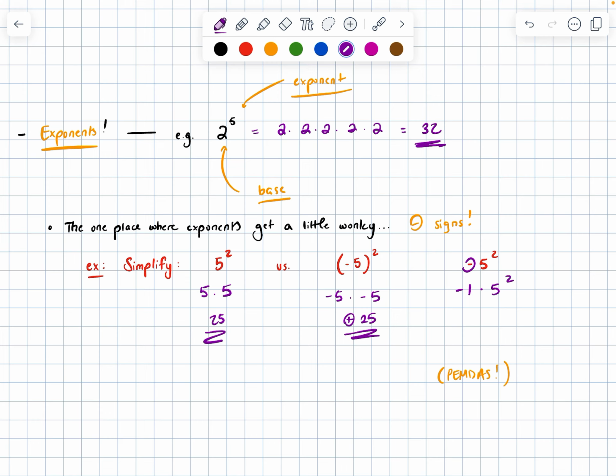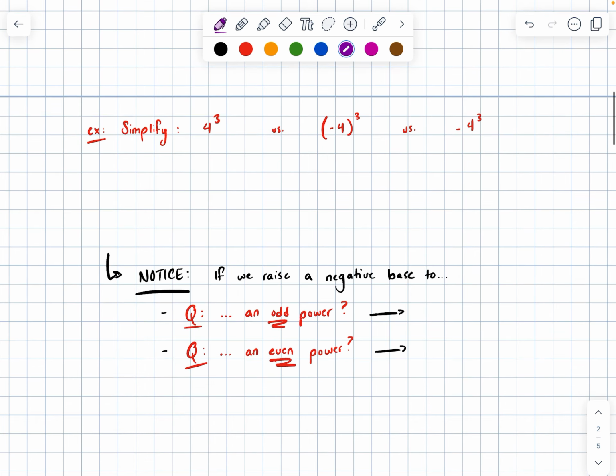So negative 5 squared really means negative 1 times 5 squared. Well, here order of operations tells me that I should simplify the exponent first. So 5 squared gives me 25. Negative 1 times 25 gives me negative 25. So you'll notice the inclusion of those parentheses here changed the value of our expression from a positive to a negative, or vice versa.